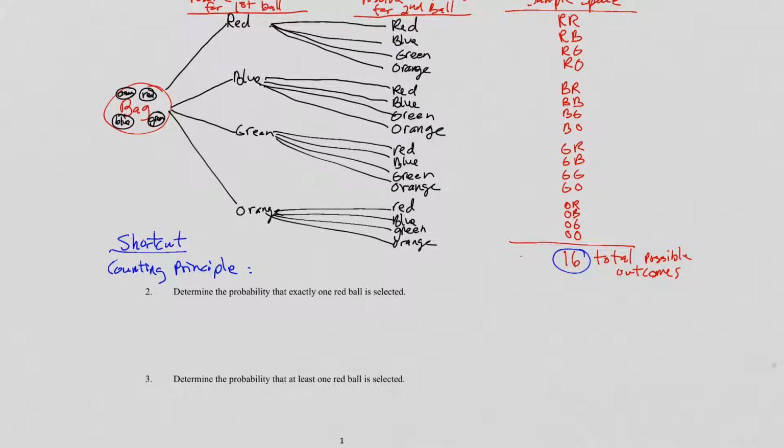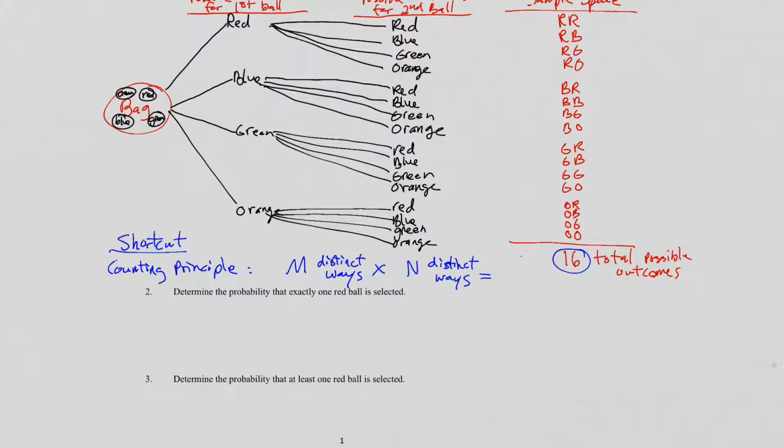If you have, let's say, 2 events, and you have m distinct ways of getting the first event. So red, blue, green, orange, that's 4 outcomes for that first event, 4 distinct ways for the first grab. And then you have another amount of distinct ways, n. So basically, you have m times n.